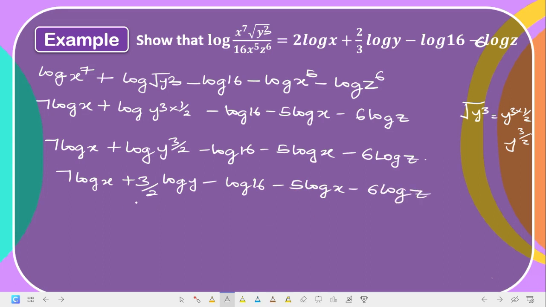Now, at the end of the day, what should we do? We have 7 log x here, and 5 log x here. So as long as they are log x, they can subtract each other, right? So take this one to this side.